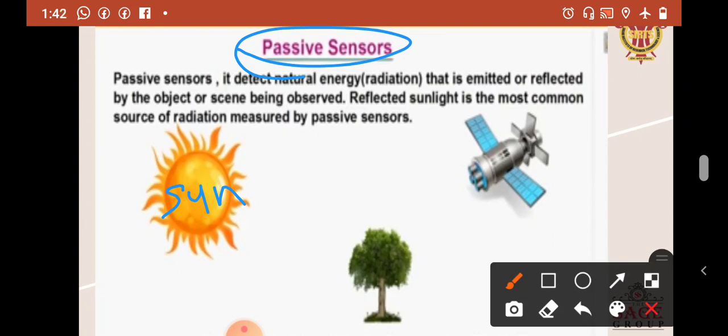Because the light that comes from the sun falls on the object. The object is this tree. Then the tree or any object absorbs some light and reflects some light.